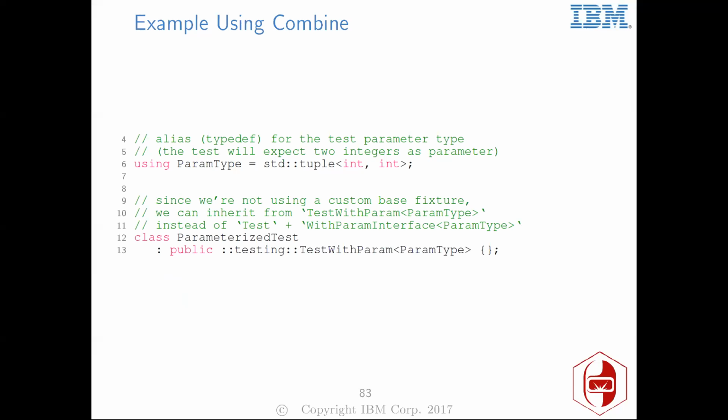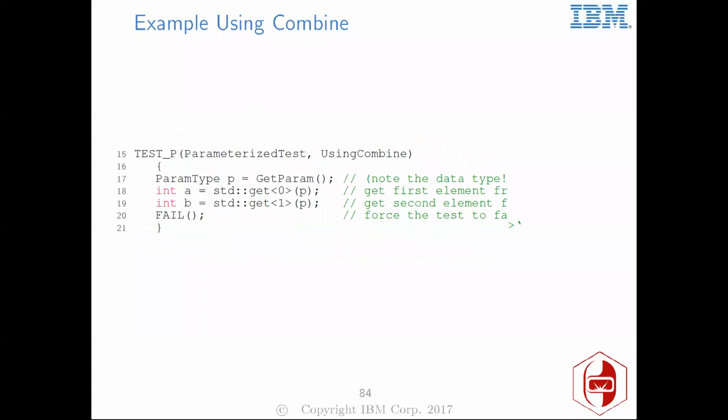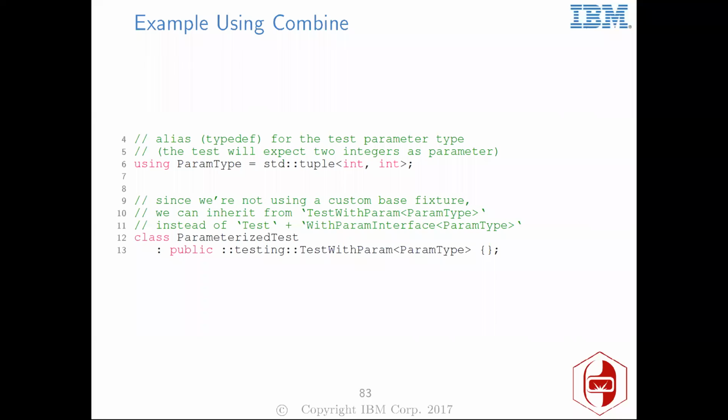Because we are not using a custom base fixture class, we have the option of simply inheriting from TestWithParam, which already inherits from testing::Test from Google for us. We still, however, need to specify the type of the parameter we expect. In this case, it's our friendly tuple.